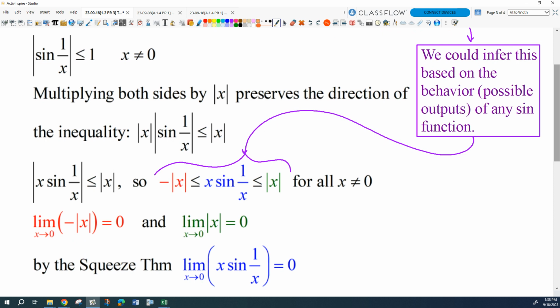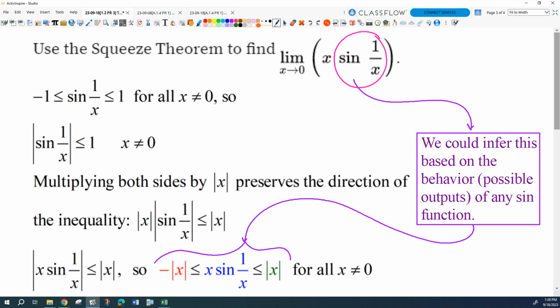Because if we know that that value is going to oscillate between -1 and 1, if I multiply that by x, then that's going to oscillate between -x and x, right? Now, if x is positive, that's fine. Then negative x would be on the left and positive x would be on the right.